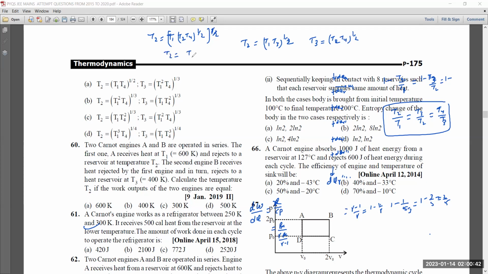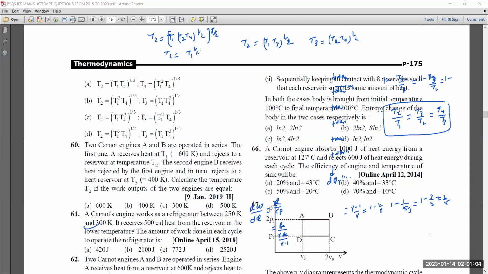That becomes T1 power 1 by 2. That's right, so we got it.